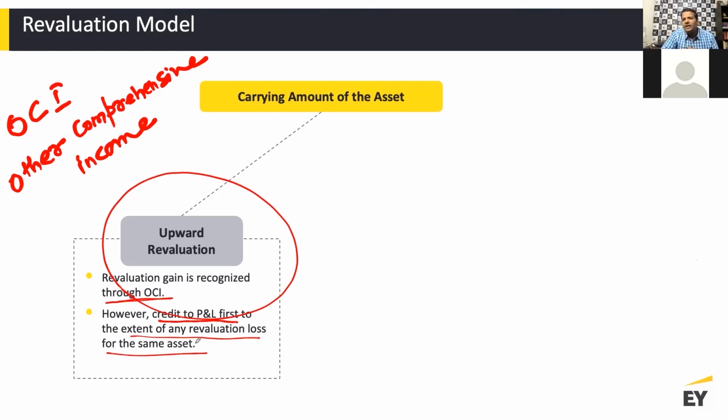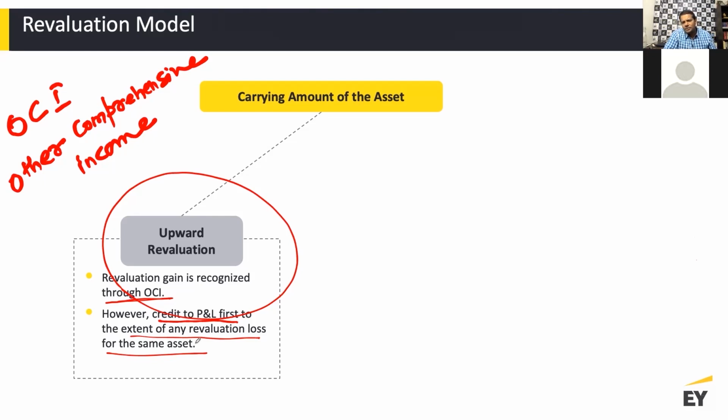If you've recorded a revaluation loss in the previous period, and if that loss has been recorded through profit and loss account, and in a subsequent period you have a revaluation gain, then to the extent of the loss which has been previously recorded, that goes to profit and loss account. Anything over and above will go to OCI.